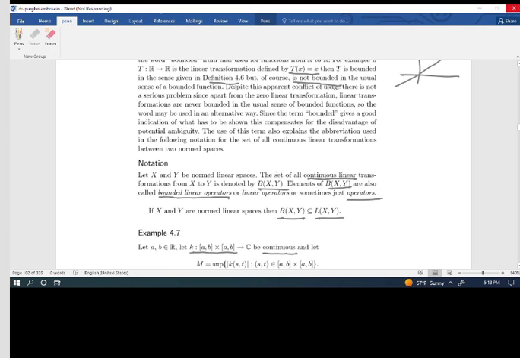So the continuous linear transformations form a subspace of the linear transformations from X to Y. So we have this relation between B of X and Y and L of X and Y.